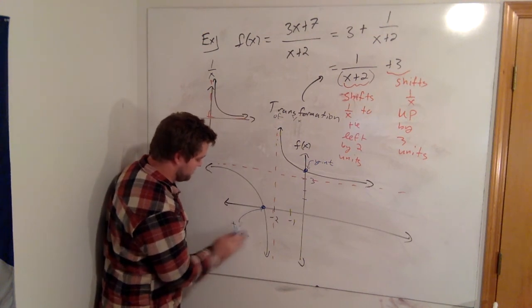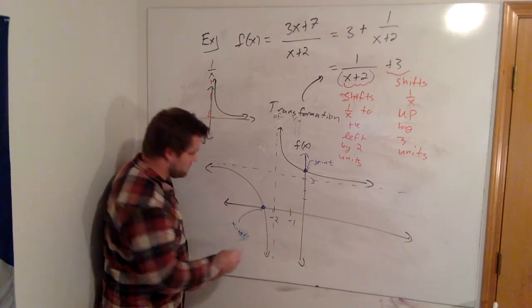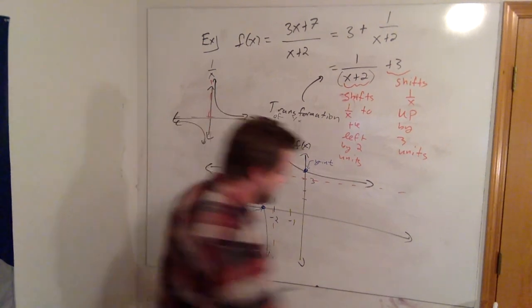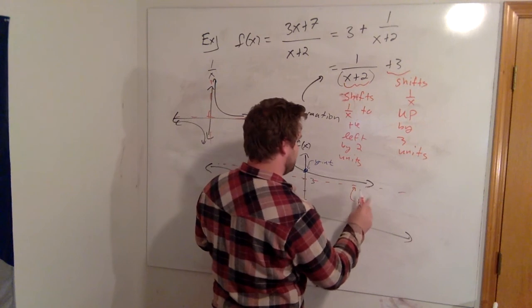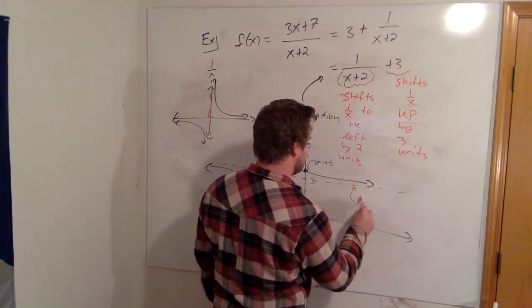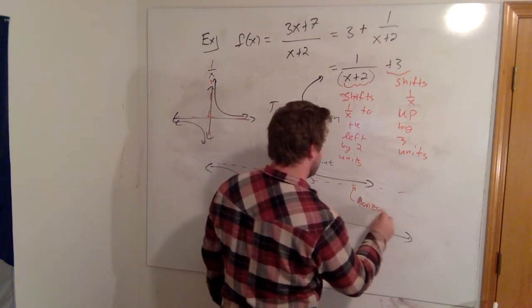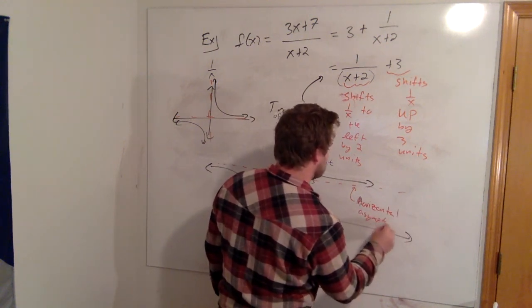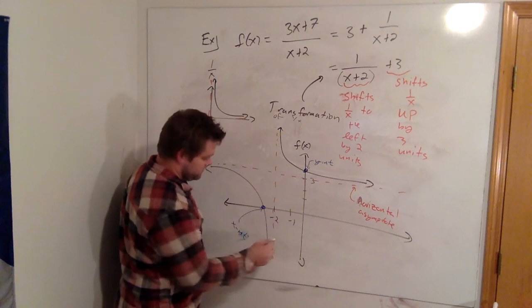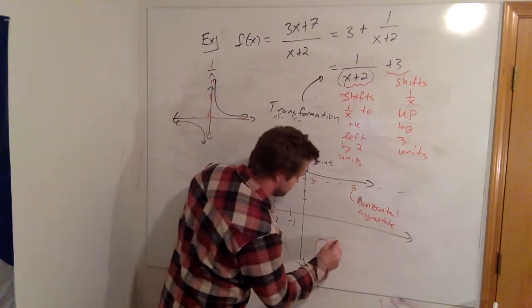And this will be our horizontal asymptote. And this here will be our vertical asymptote.